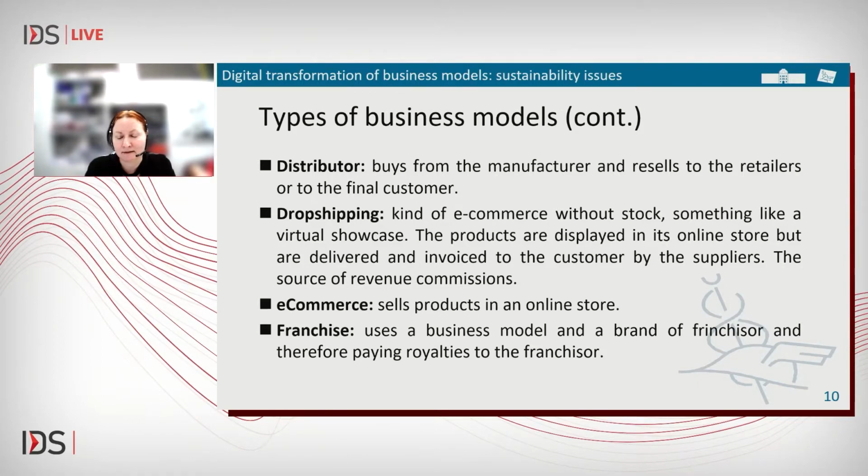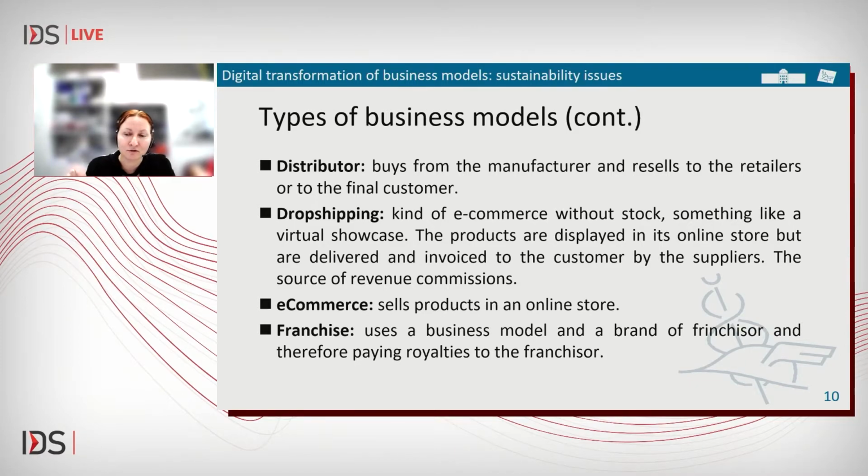It goes like that. We are online. We have an online store, but we don't have stocks, because when a customer orders through our website, the stocks are held by the supplier.